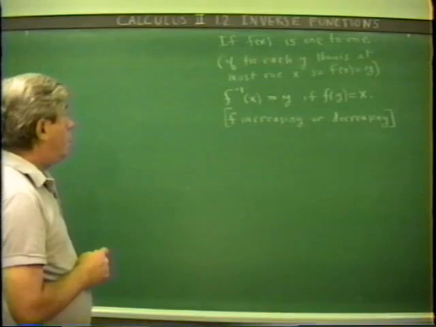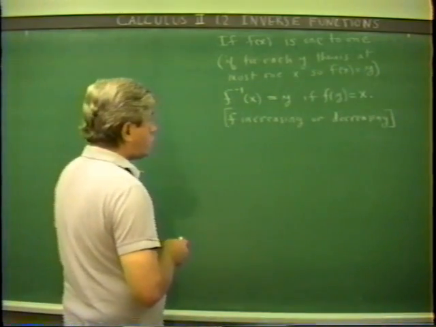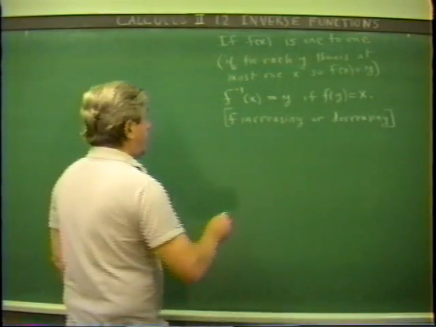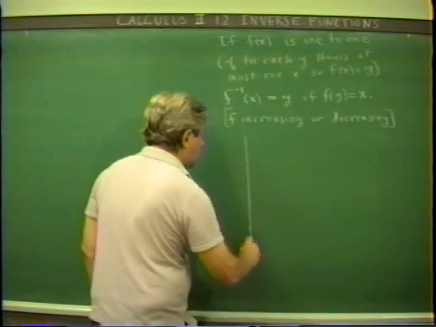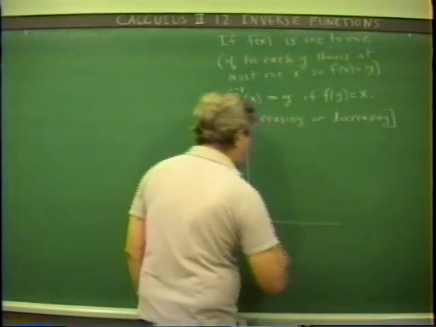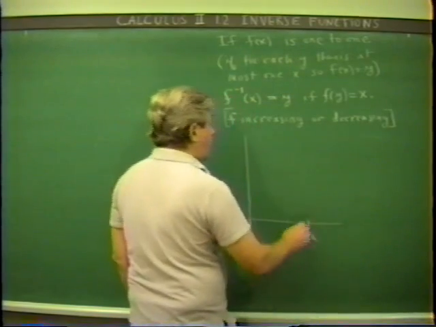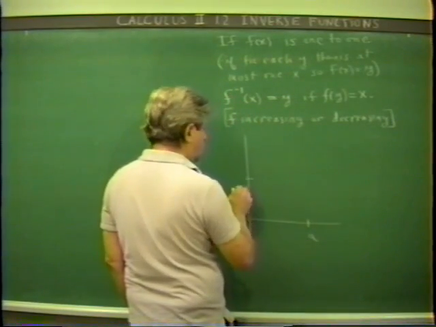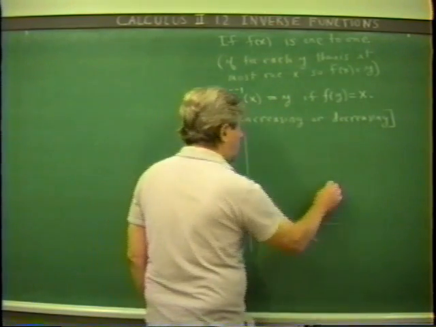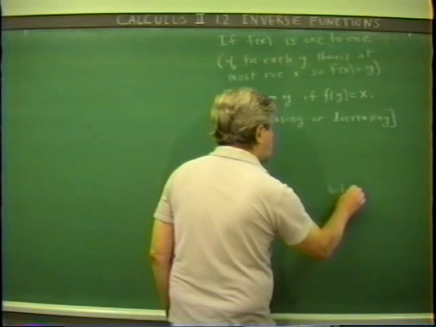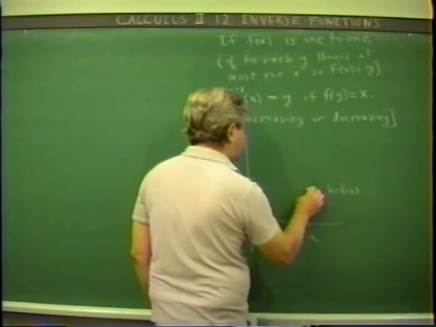Now, what happens here is the following. If we've got a point A here, and f of A is B, this point then is on the graph.